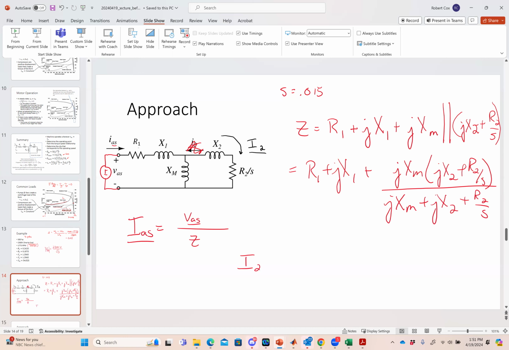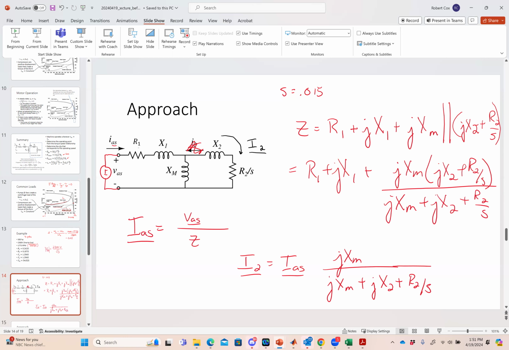Mr. Current Divider. IAS times JXM over JXM plus JX2 plus R2 over S. Yeah. That's my current divider relationship. All right. There you go. So that'll get me to I2 fairly easily.